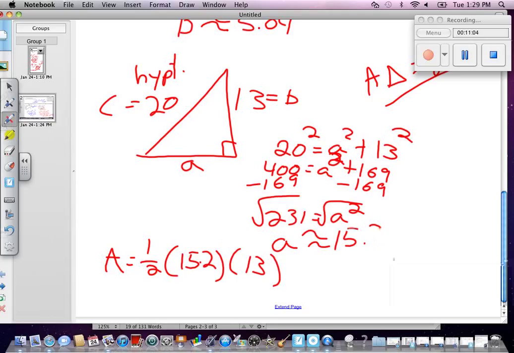Okay. So I have 1/2 base 15.2, not 552. And I get the area is approximately 98.8 units squared.